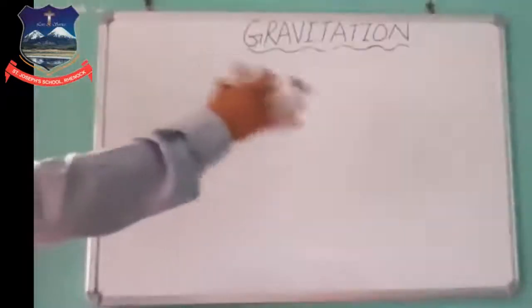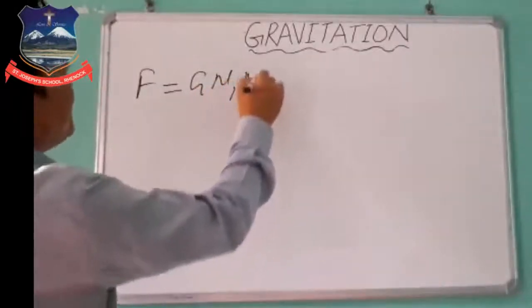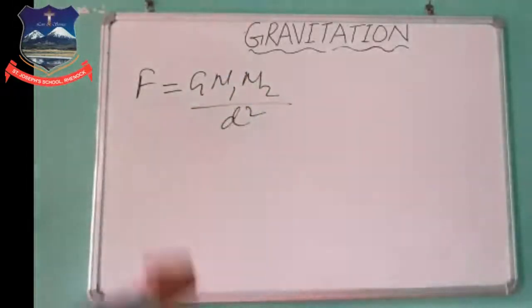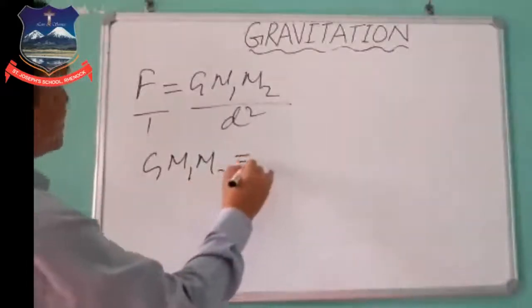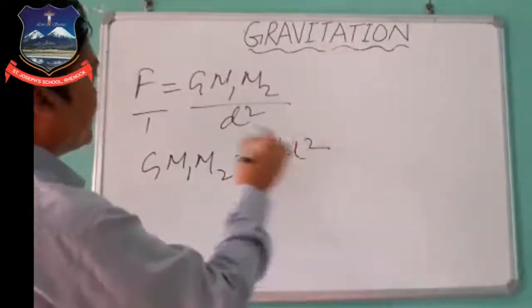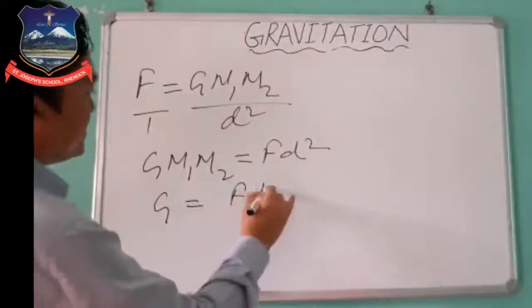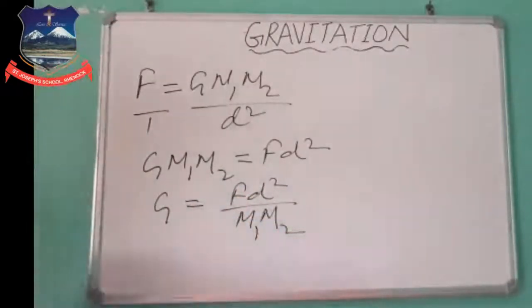We know that force equals G m1 m2 divided by d square. Cross multiplying, G m1 m2 equals F d square. Now G equals F d square divided by m1 m2.